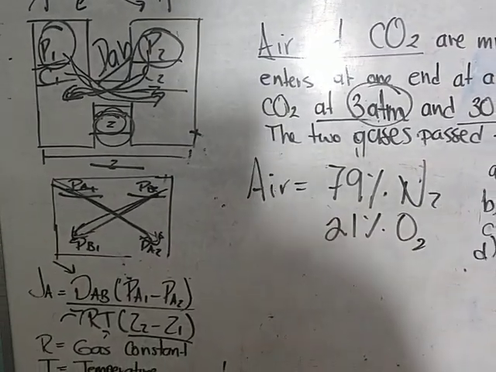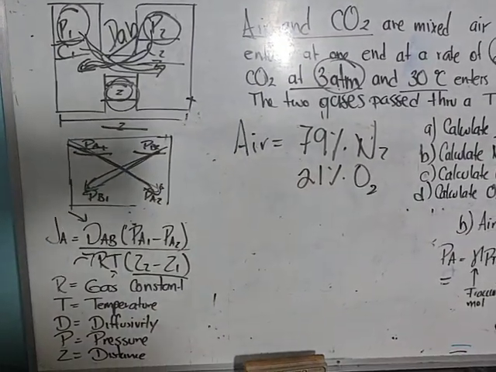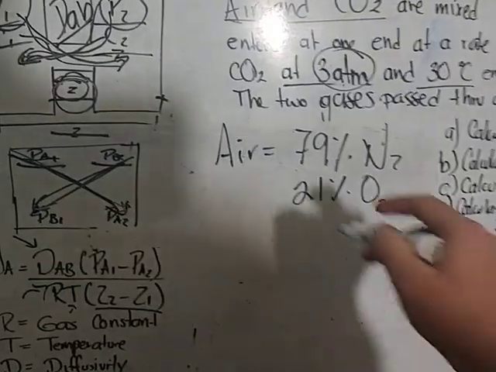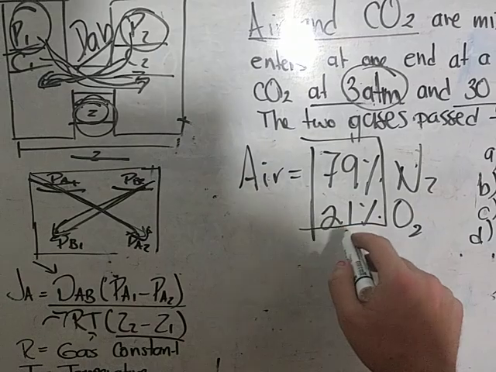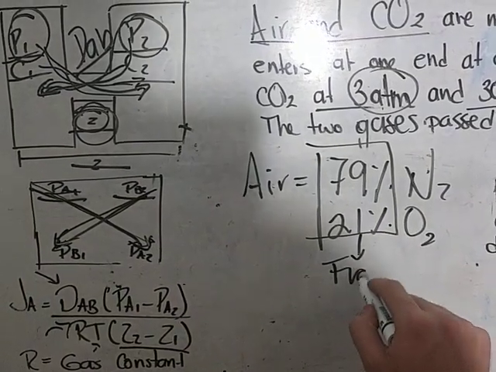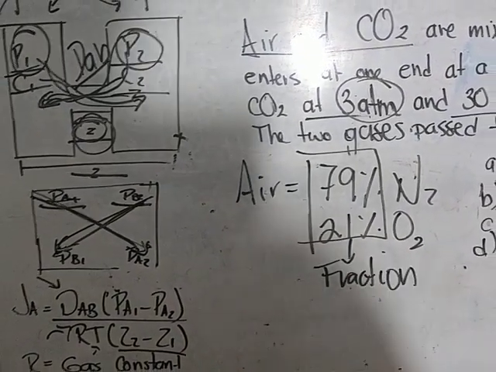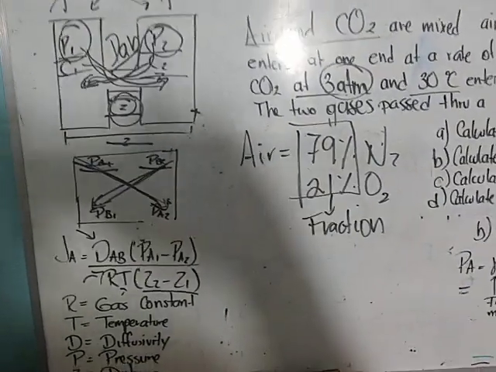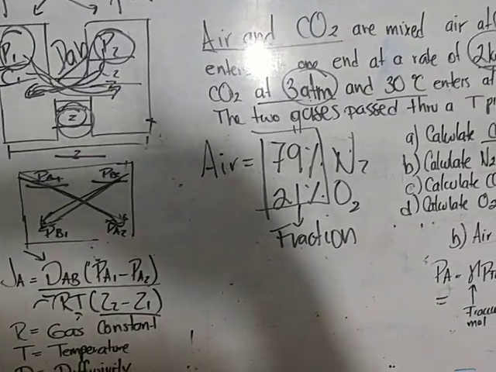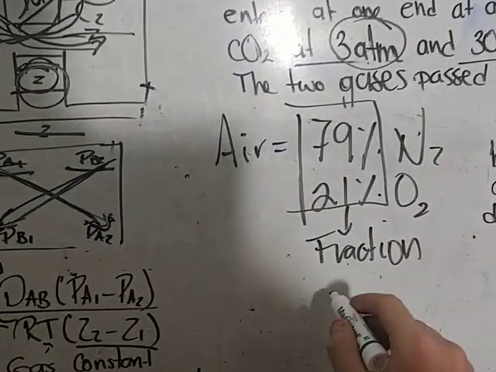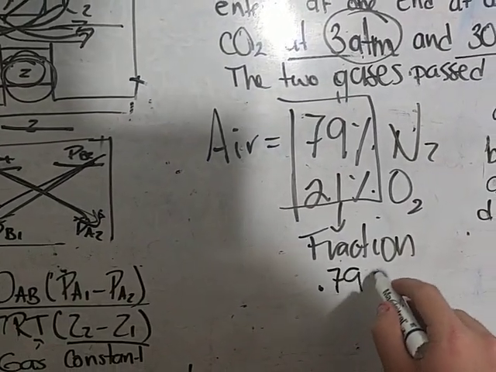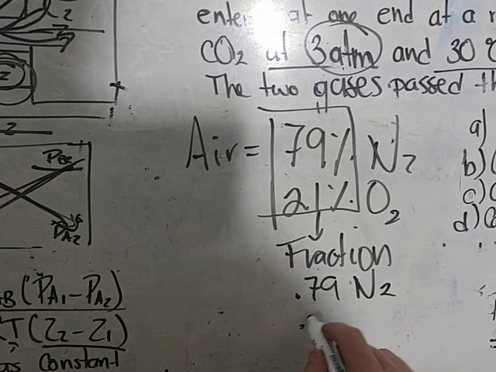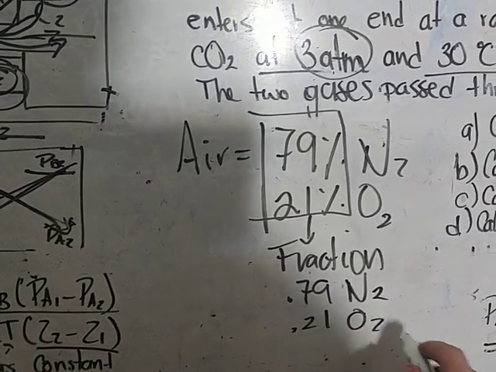So in the air, I will have 79%. This one we can consider as a fraction, but it is expressed in a percentage, so we're going to transform it. If I want to consider it as a fraction, I have 0.79 of nitrogen and 0.21 of oxygen.